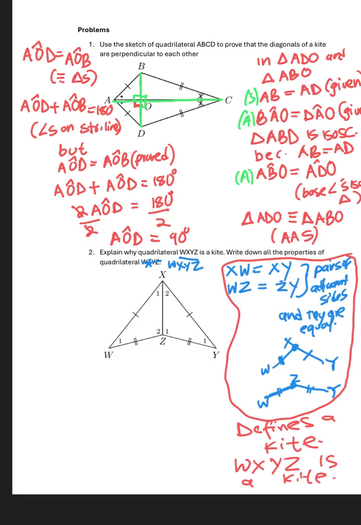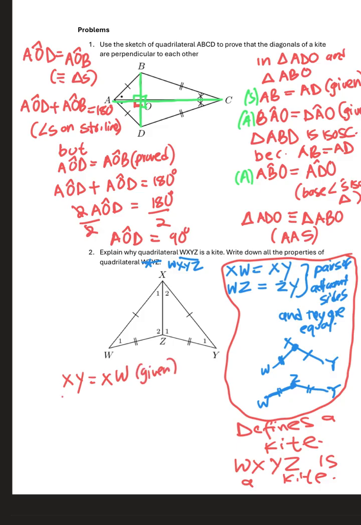And then what are the properties of this shape right here? In order to find them, we can be critical and think how we can discover more properties of this shape. So what do we see? We see that XY is equal to XW, it's given.